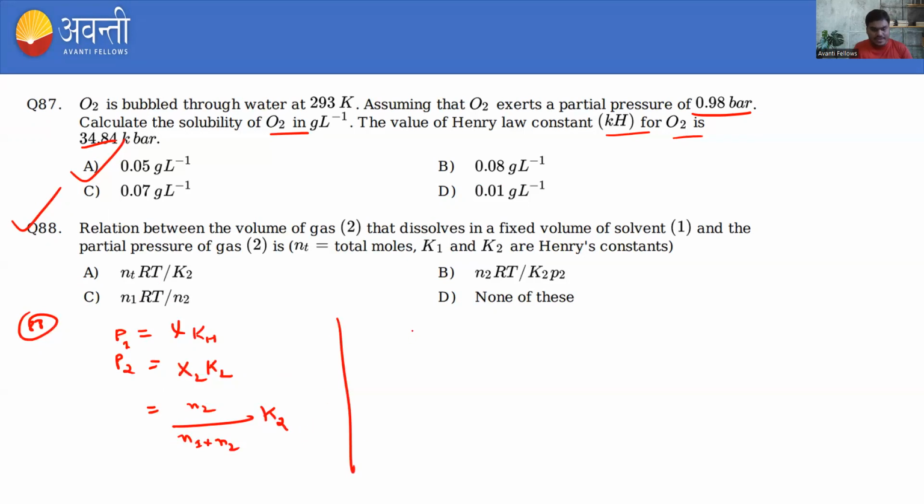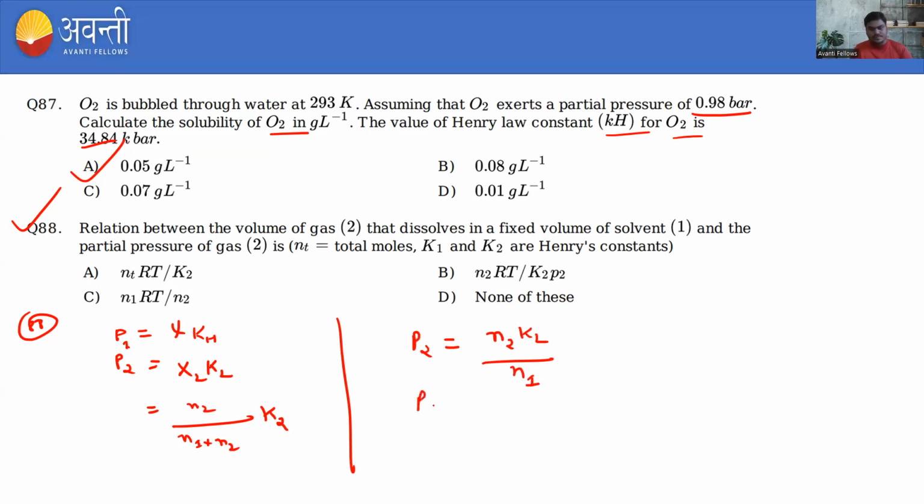So from this we can calculate that P2 is nothing but N2 upon N1 plus N2, which becomes N2 into K2 upon N1. Because N2 is very small, we can just neglect it in the denominator.